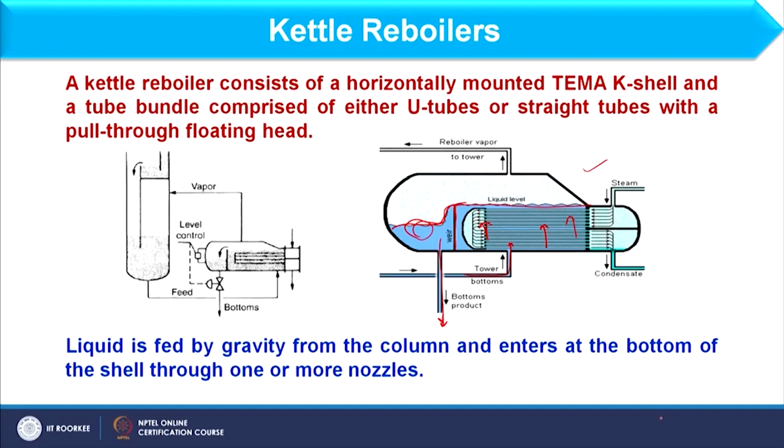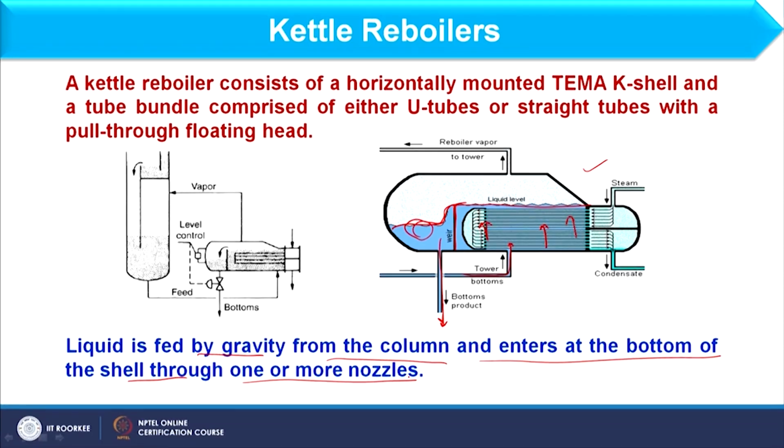Now, as far as movement of liquid from the bottom of the distillation column to the reboiler is concerned, it is only because of gravity, fine. So, liquid is fed by gravity from the column and enters at the bottom of the shell through one or more nozzles, okay. So, in this way circulation takes place in the reboiler, but feed is liquid and product is vapor, okay.